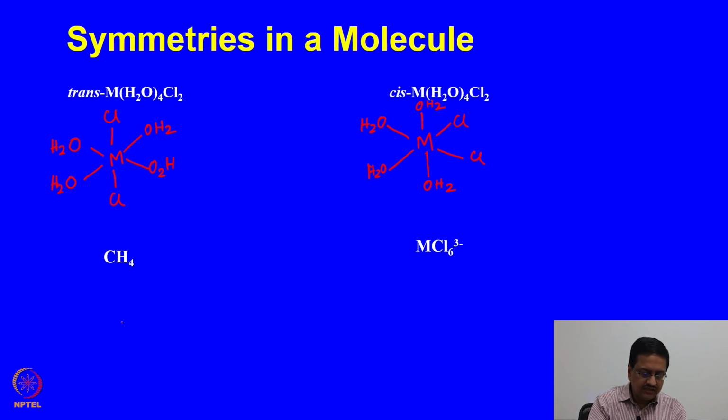You all know that methane is tetrahedral. Try to find out the symmetry elements present in tetrahedral methane, and in the octahedral complex MCl6.